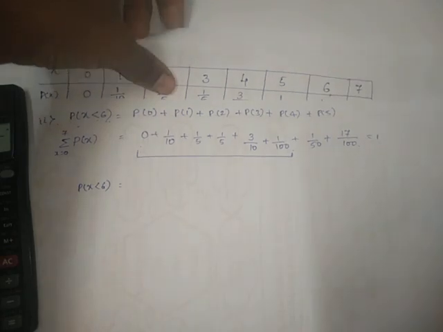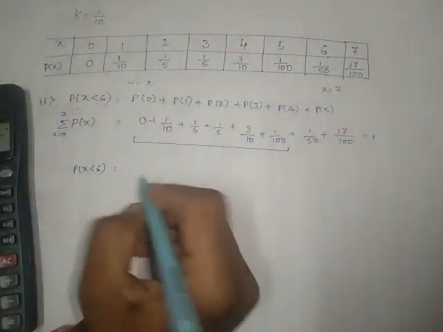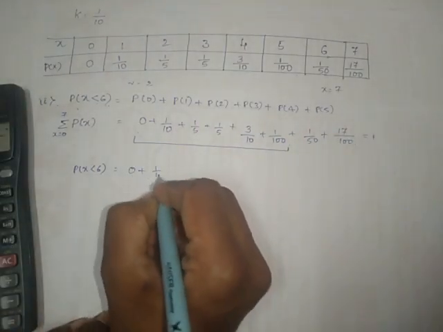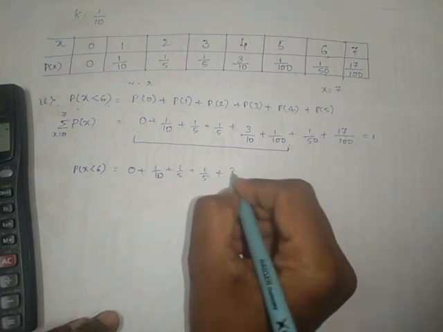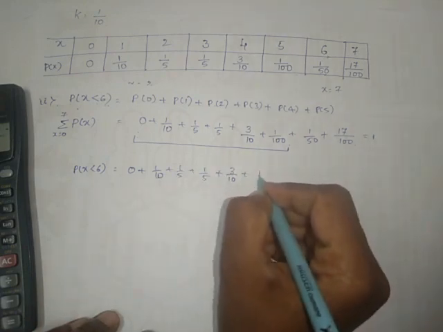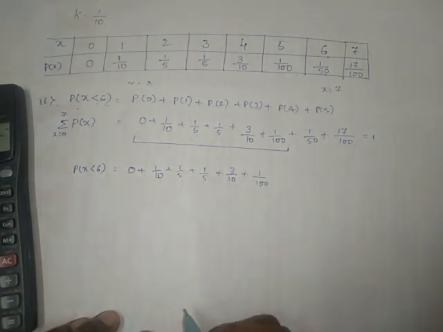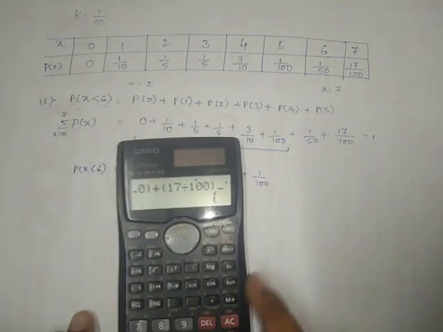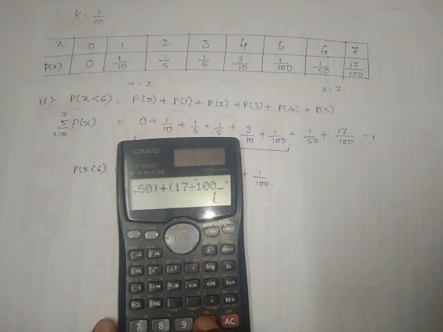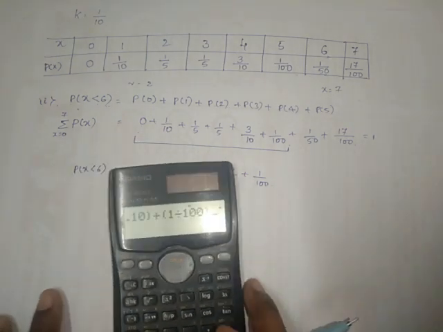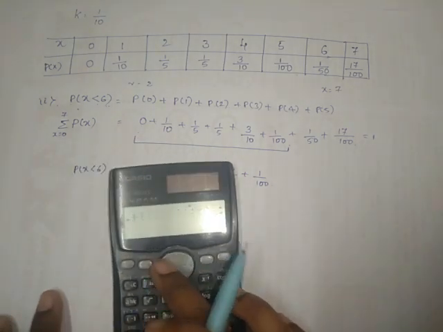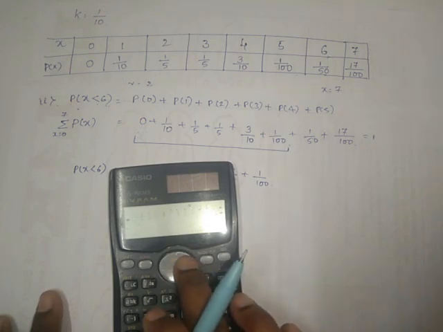Let me do it one more time. 0 plus 1 by 10 plus 1 by 5, 1 by 5, 3 by 10 plus 1 by 100. Since I have already entered almost all the details, I'll delete the few extra ones. Till 1 by 100 we are having.